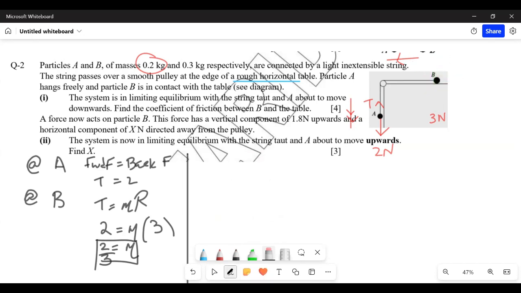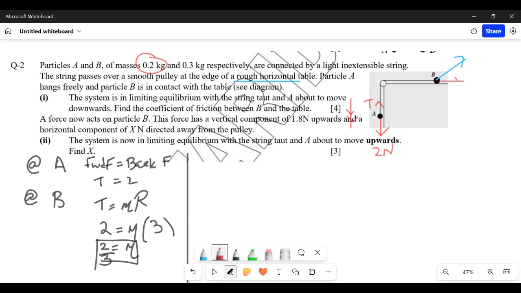Now let me clear the forces at B because they're adding something to it. They're saying that there's a force acting on B. Whatever that force is, they're not giving you the angle, they're not giving you the magnitude. Instead, they're giving you the vertical and the horizontal component of this force. So that's even better.